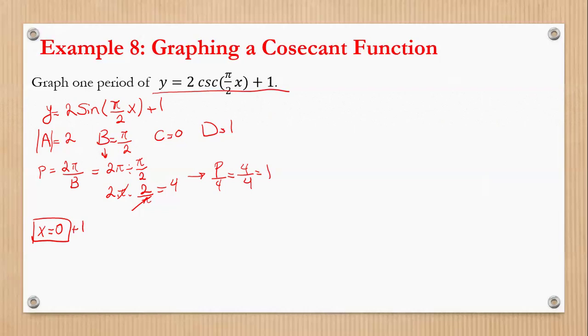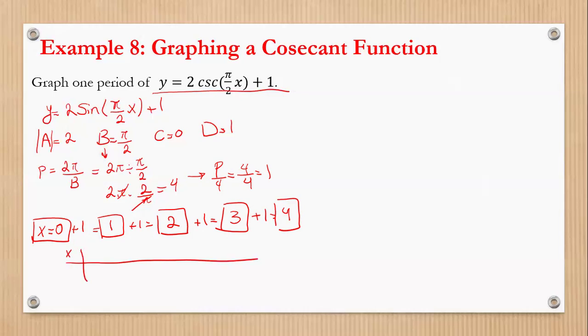So 0 plus 1 is 1, that's my second key point. 1 plus 1 is 2, that's my third key point. Plus another 1 gives me 3, and plus another 1 gives me the fifth one. Now I have all 5 key points: 0, 1, 2, 3, and 4. But I need to replace them into the function to find the y value as well.